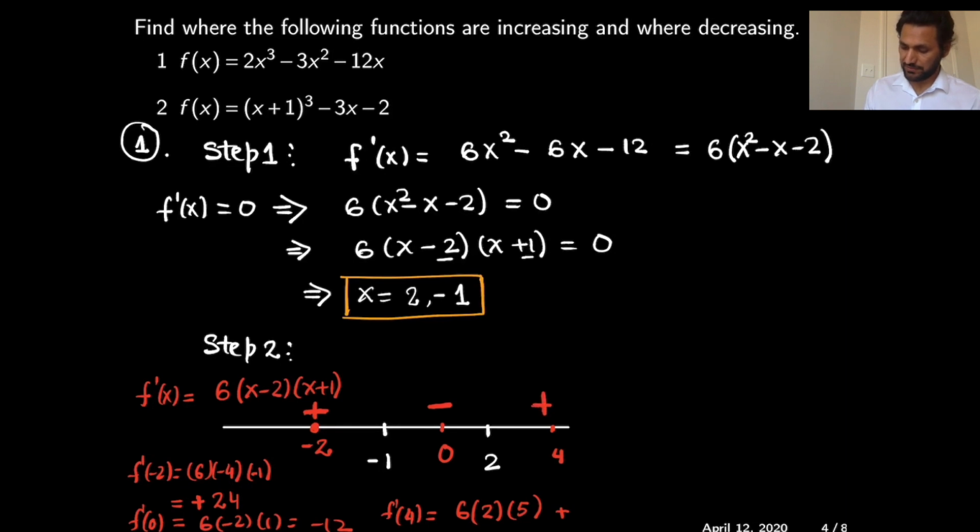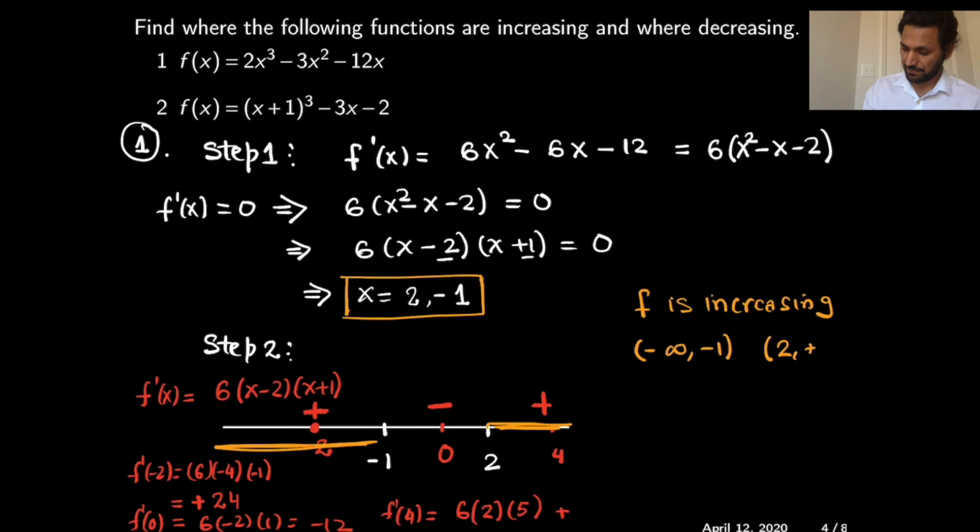So from the derivative of the function, I can conclude that f is increasing on the interval minus infinity to -1, because this is an interval where the derivative of the function is positive, and also on the interval 2 to infinity.